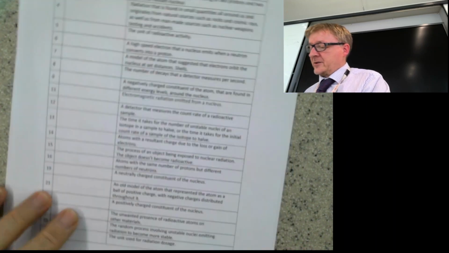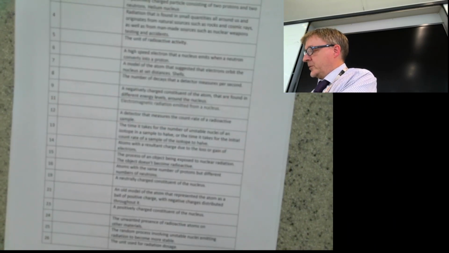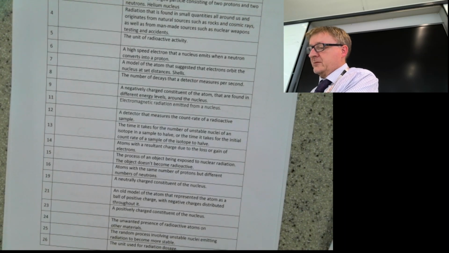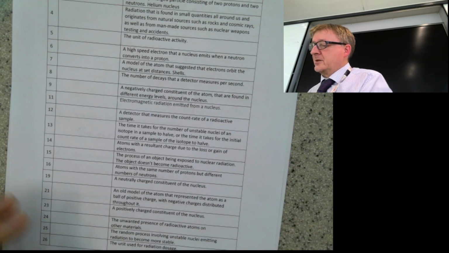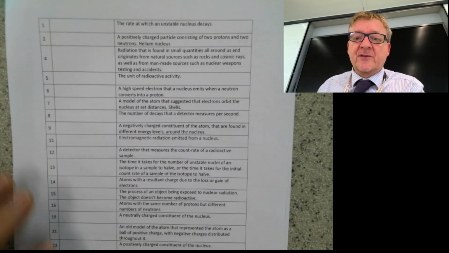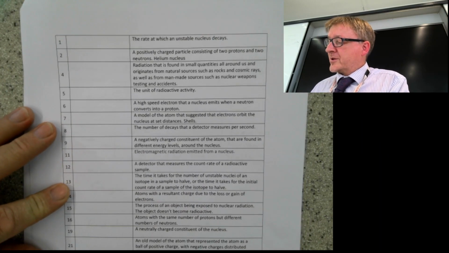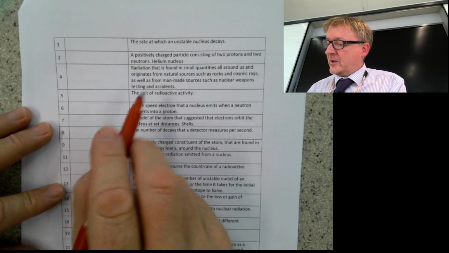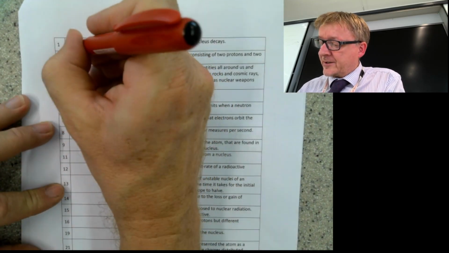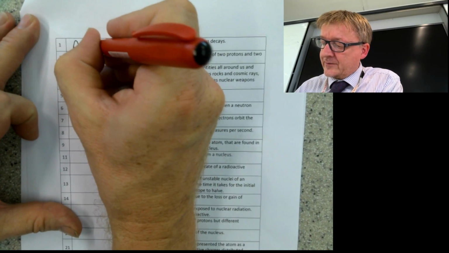Question number 15. Now there's quite a lot of keywords in this one, right? And I'll say it a million times: you've got to use the keywords. If you don't use the keywords, you don't get the marks. So, question number 1. The rate at which an unstable nucleus decays is its activity.